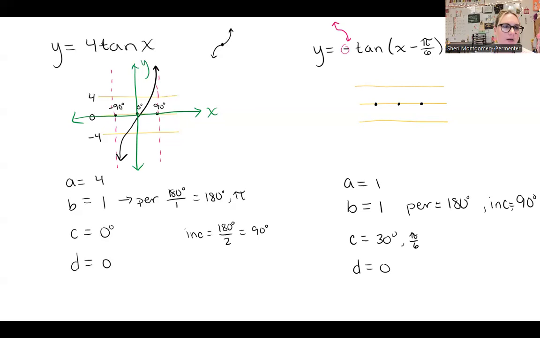So over at that second graph, if I'm labeling, I'm at 0, 1, and -1. And then C is my start. C is at 30 degrees. And then I'm going to add 90. So I get 120.